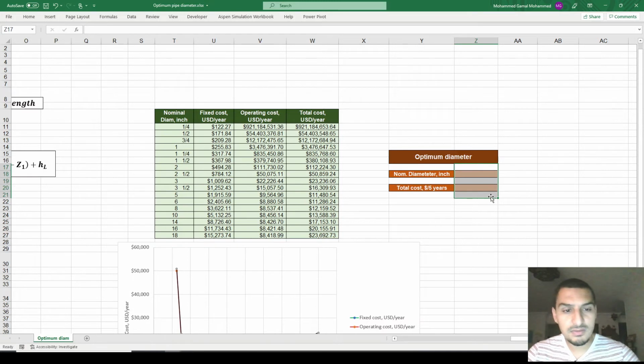We can calculate them in an easier way instead of doing these calculations manually by finding the minimum of these total cost, and it's going to be 11286, which is this value. I might make it easier for me by asking it to tell me which diameter corresponds to this total cost.